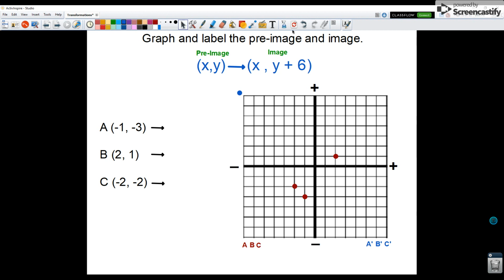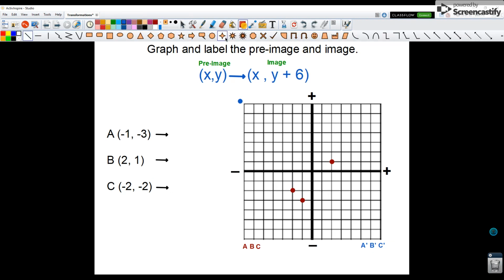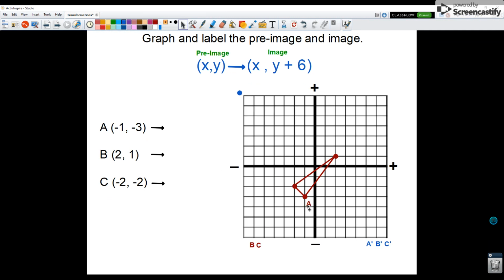So there is a triangle. I'm going to go ahead and connect each one of those vertices to create that triangle. And we are going to call this ABC. Again, this is my pre-image.